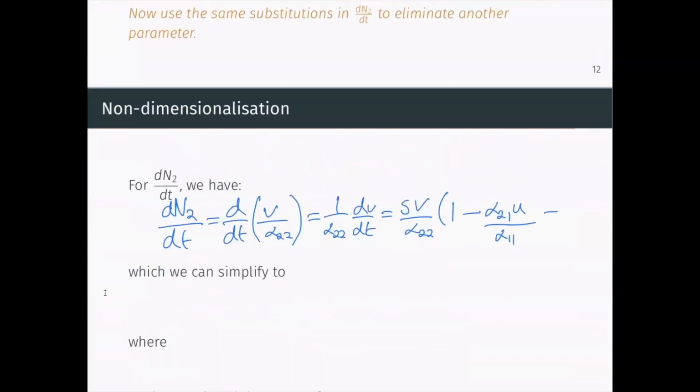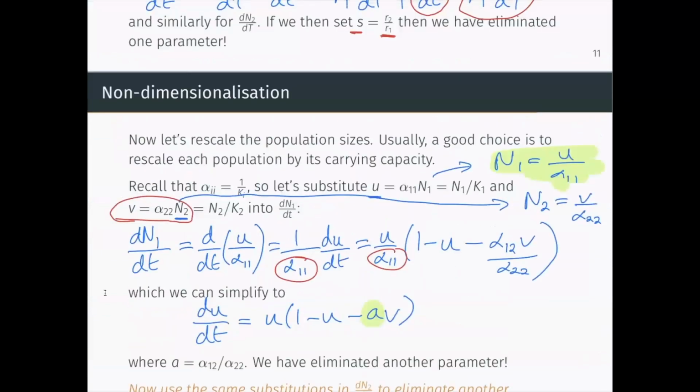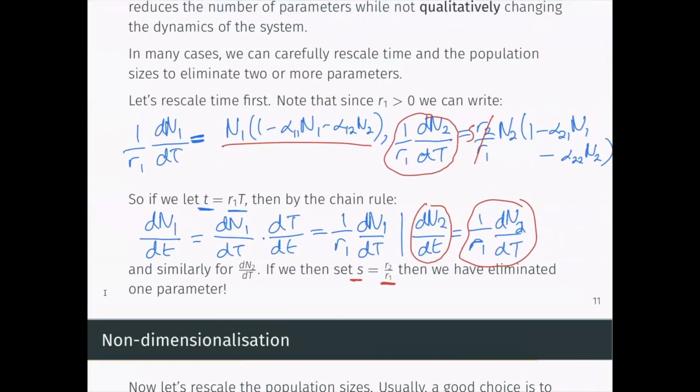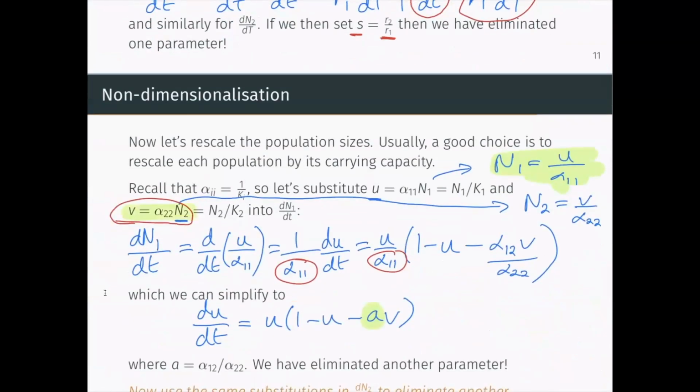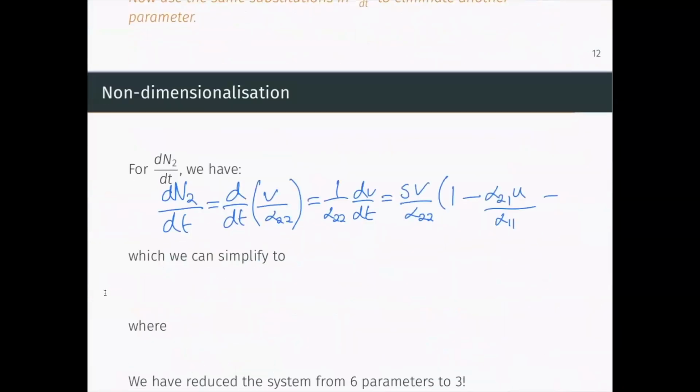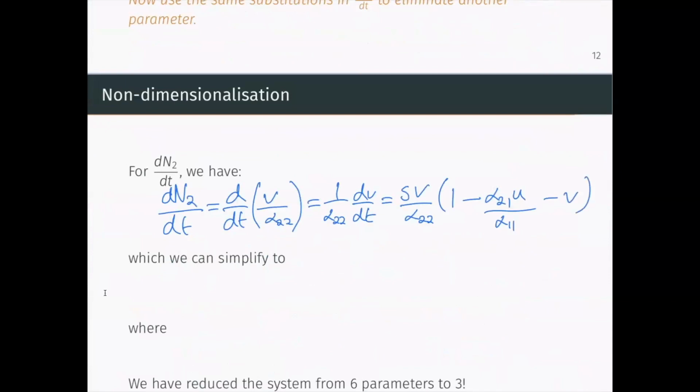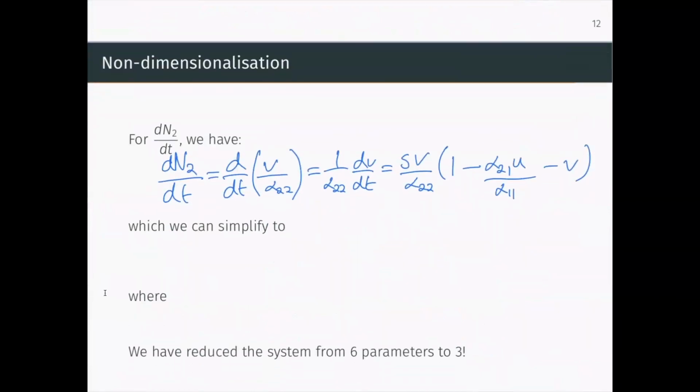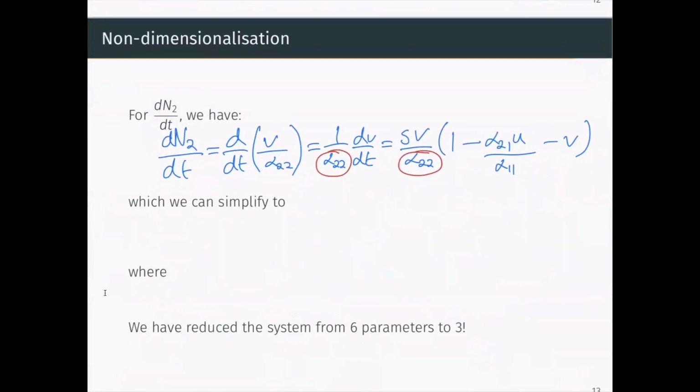And then we had a minus, go back up here. Here we had a minus alpha 2,2 n2, which is just equal to v. So here we have a minus v at the end. Just like before, we have a division by alpha 2,2 on both sides.